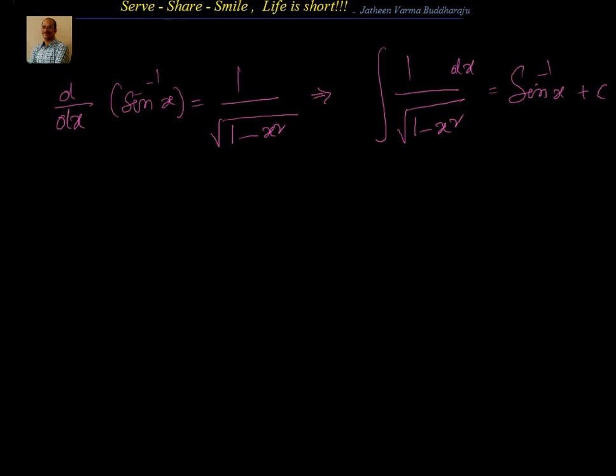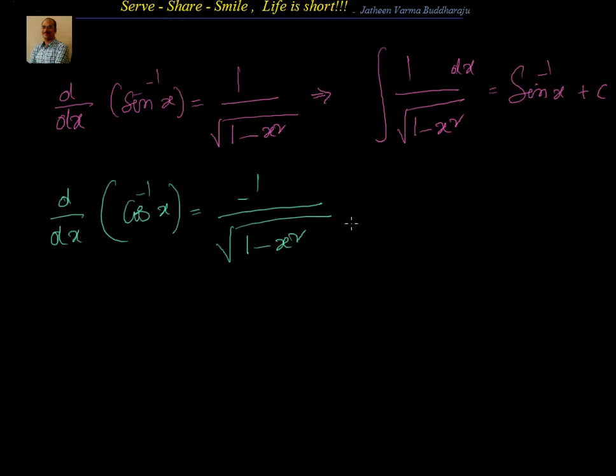Similarly, d by dx of cos inverse x is equal to minus of 1 by root of 1 minus x square. That also gives us that d by dx of cos inverse x is minus 1 by root of 1 minus x square.